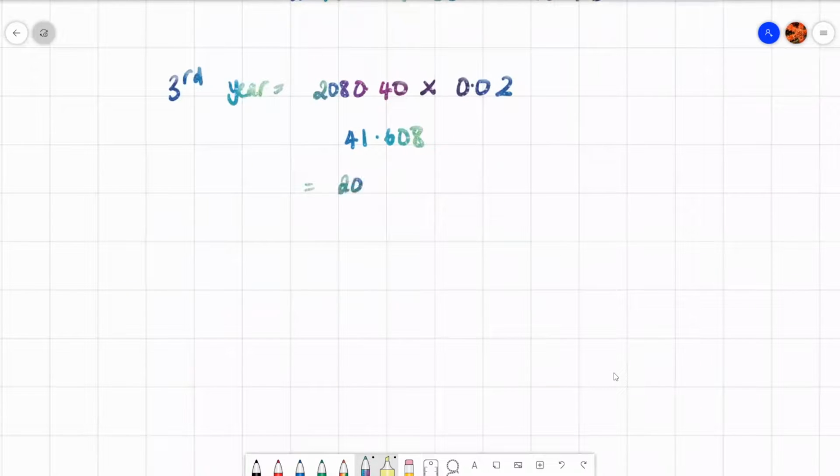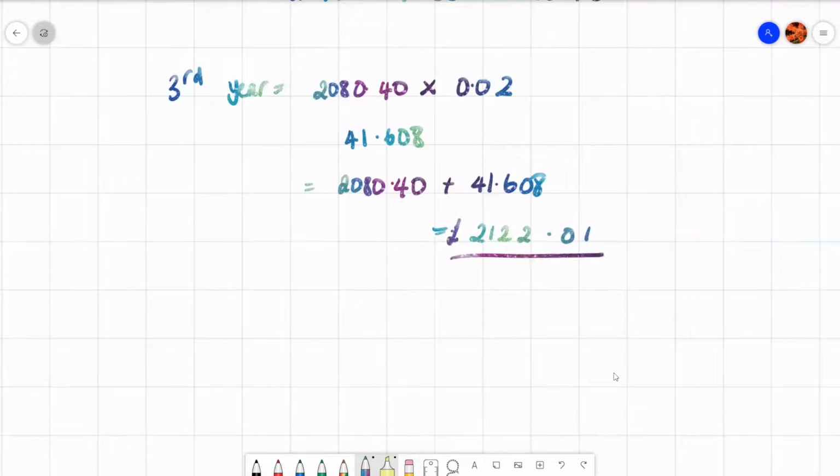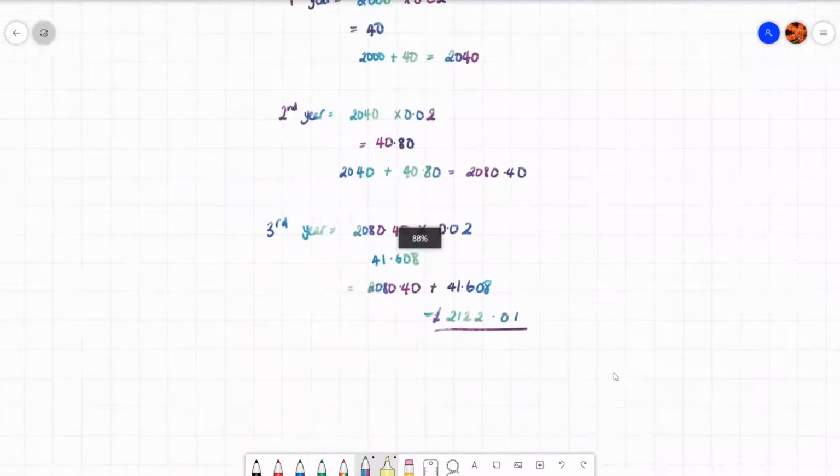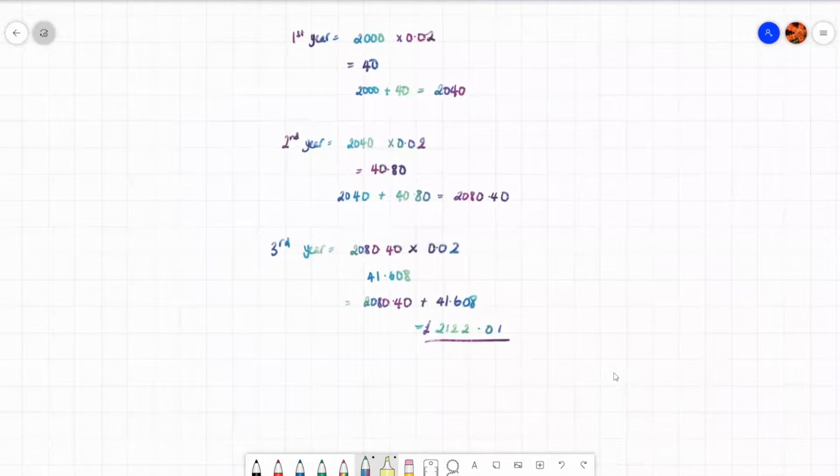So I'm going to do 2080.40 add 41.608, and I'm left with 2122.01. And that's how much money I'm left with at the end of 3 years. So I started off with £2,000 in my bank account, and after 2% interest, after 3 years, I'm left with £2,122 and 1p. So the interest here is the £122 and 1p, because that's the money that I've got from the bank.